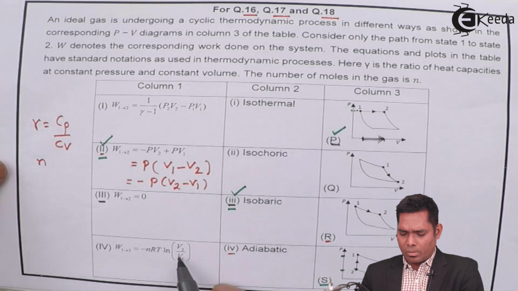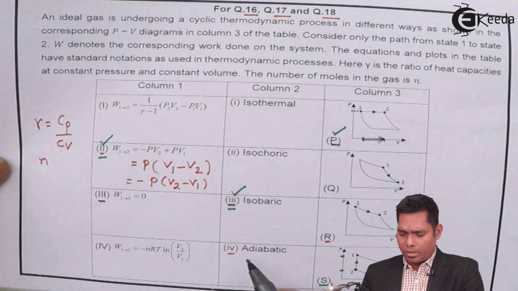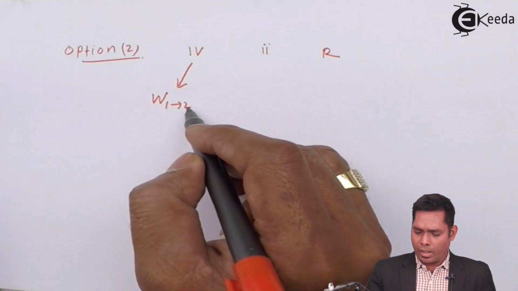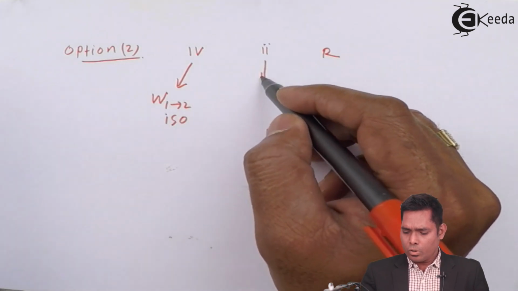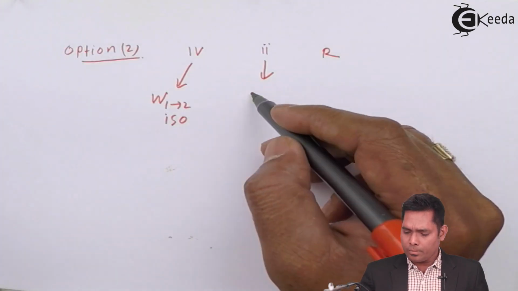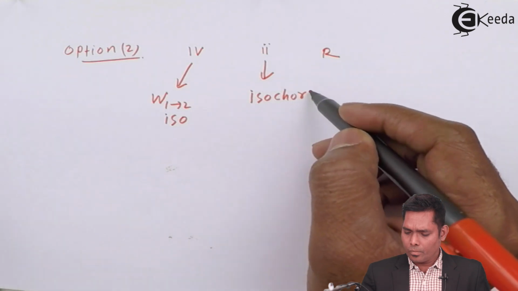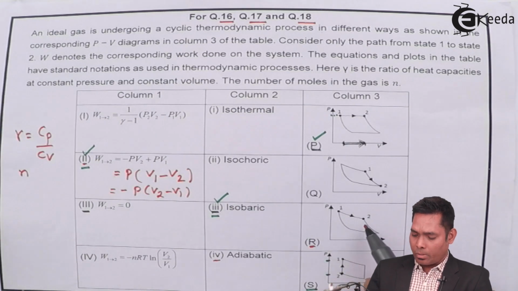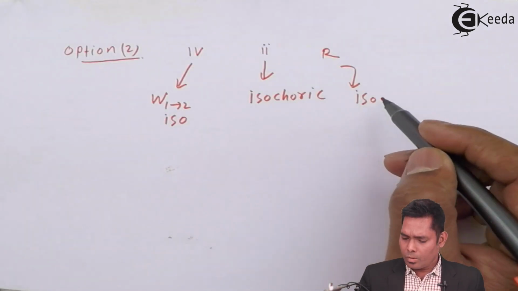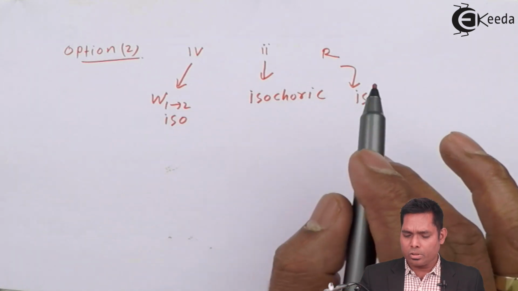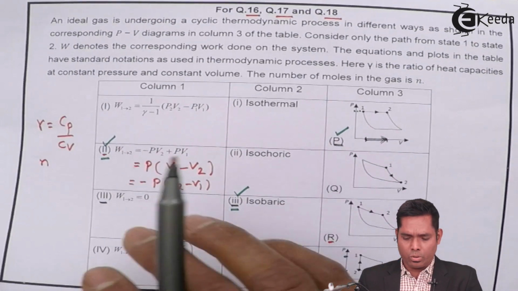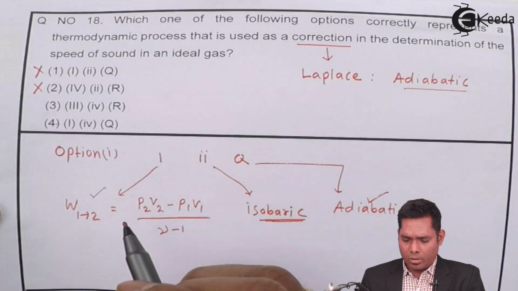As you can see, this is the isothermal process work done from 1 to 2, so this option cannot be right. The second one is isochoric, and R is isothermal. These two are matching, this one is not matching, and this process is not adiabatic, because we are interested in the adiabatic process. So option number 2 is also wrong.